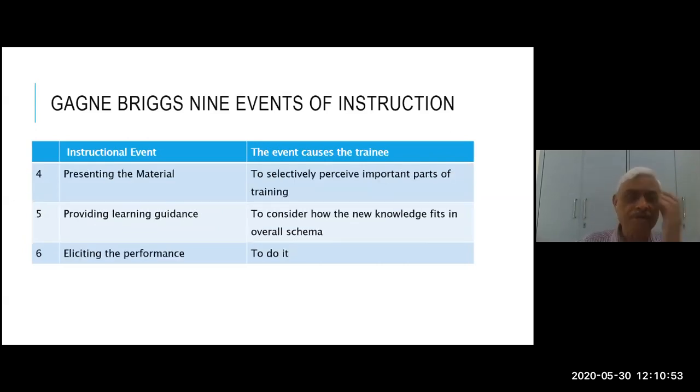Now, the fourth instructional event is presenting the material that you are sharing, whatever you have to share, either as a presentation or otherwise, right? So you present the material, and the trainee actually starts looking at it and also shares understanding.